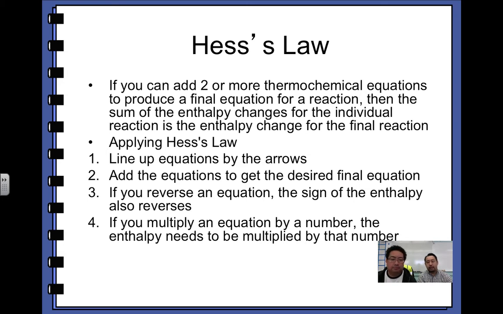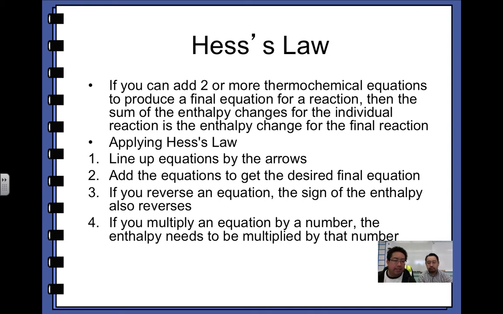Also keep in mind that whenever you have to alter an equation by reversing it to fit your overall chemical reaction, if you reverse the equation, then the sign for the enthalpy also gets flipped. So if it was a positive delta H, now the delta H value has to be negative. There may be some instances where you have to multiply an equation by a factor to get things to eliminate.